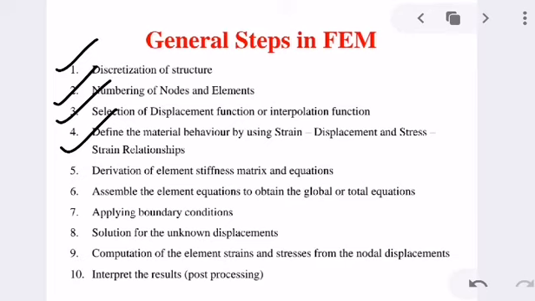For each element we will find the stiffness matrix.